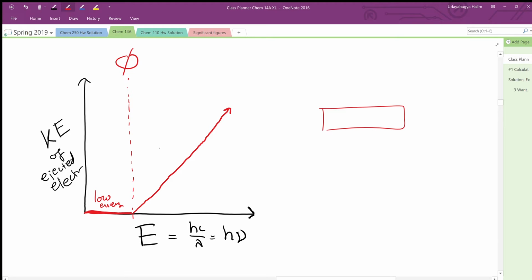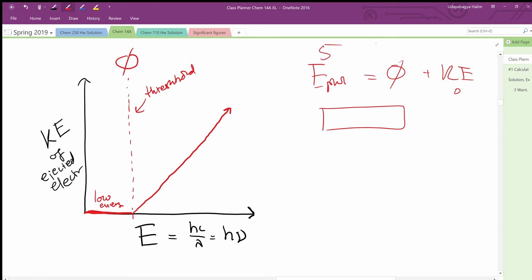If the energy of your photon is exactly the energy of your work function, then the kinetic energy of your electron is going to be 0, right?